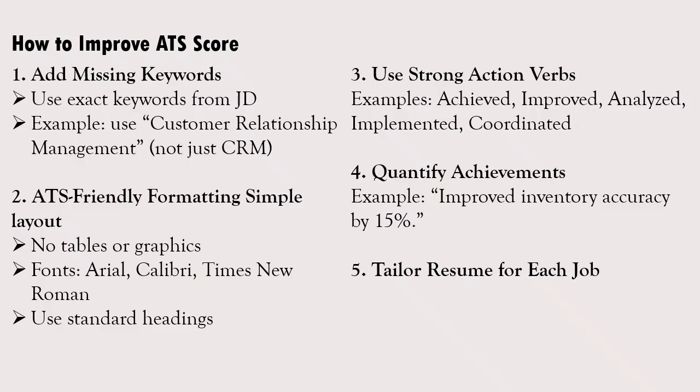We need to add certain achievements which will increase your chances of ATS reading, for example, improved inventory accuracy. If you quantify your previous experiences, then you may have much more chances of getting through ATS screening.